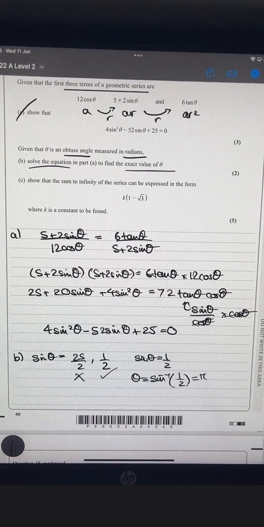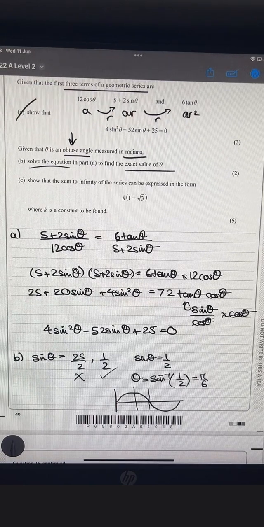But it is an obtuse angle, right? So if I look at my sine curve, obtuse is from 90 to 180, which is from pi by 2 to pi. Pi by 6 is over here. I need this one. So I'm just going to do pi minus pi by 6, and I get 5 pi by 6 as my answer.